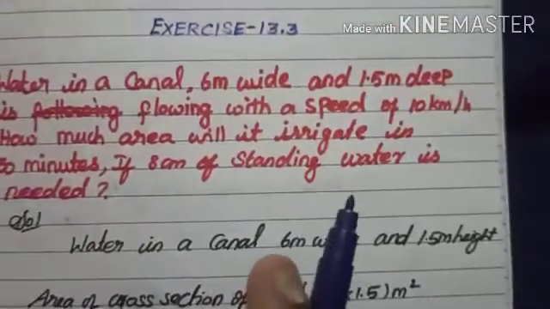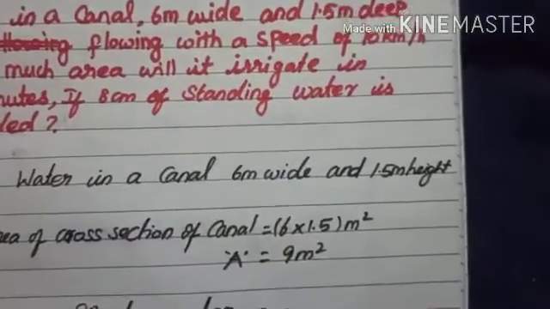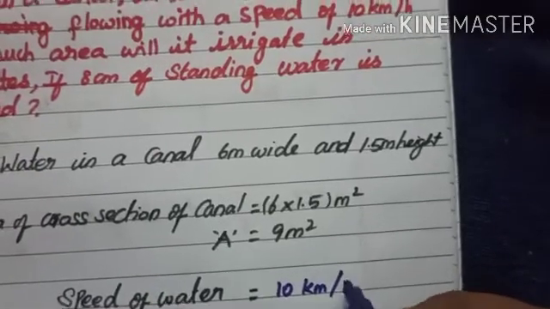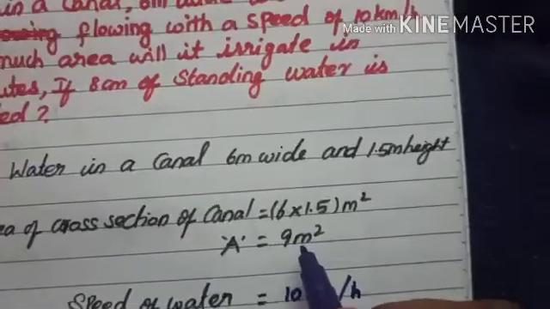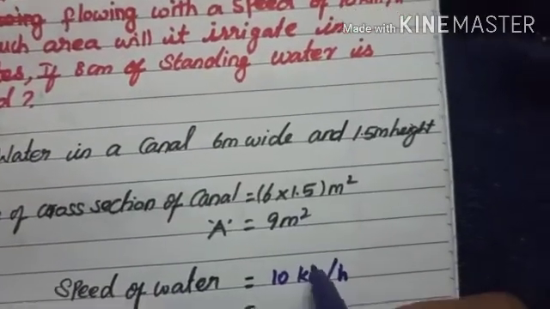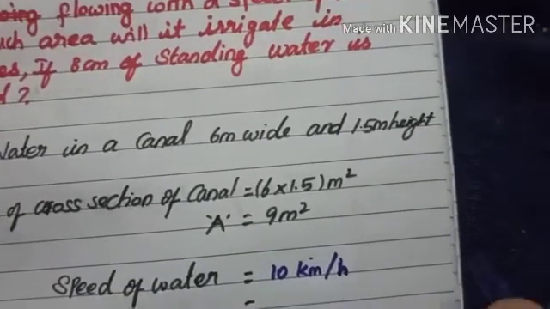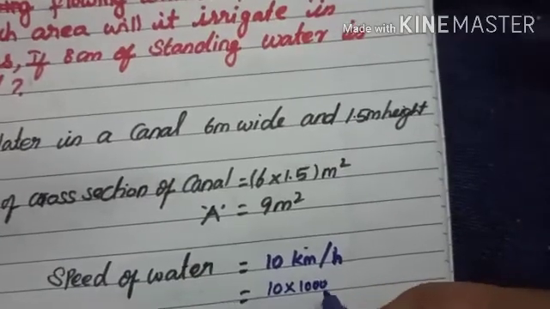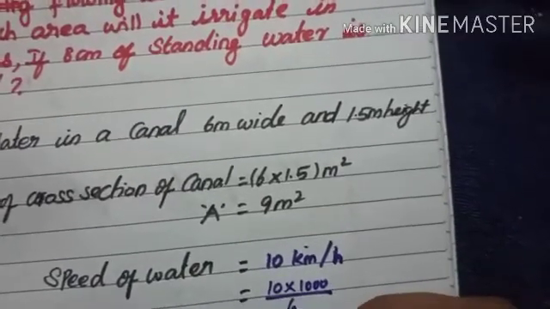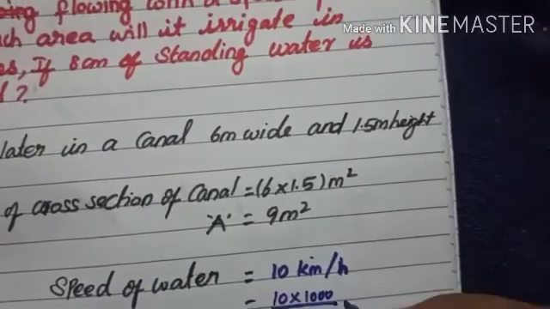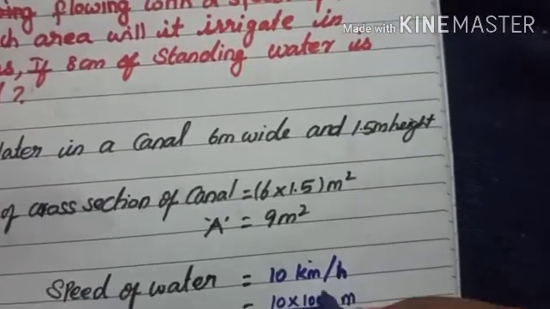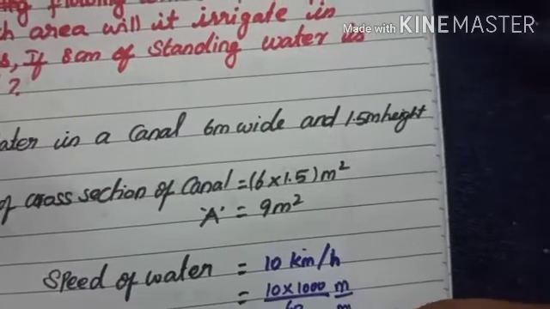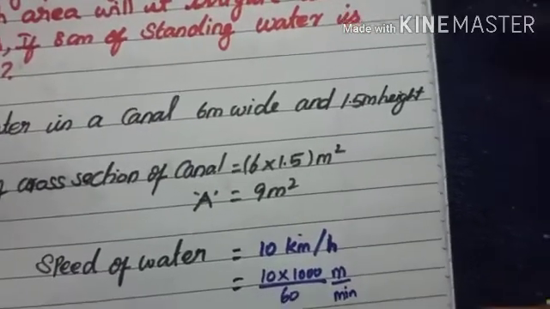What is the speed of water given? 10 kilometer per hour. So here meter square is there. Now we convert this kilometer to meter and hours to minutes. 10 into 1000 divided by 60 meter per minute.